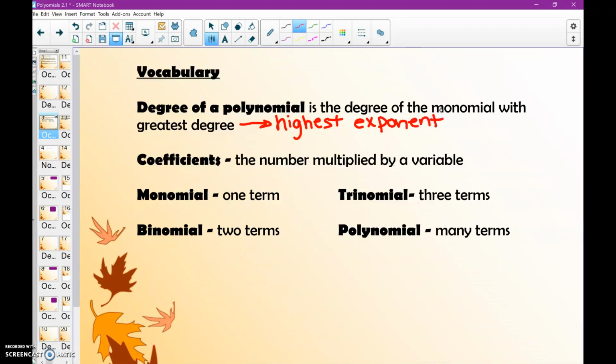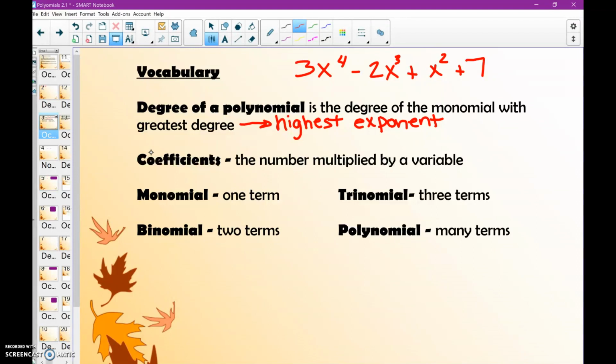For example, if I have 3x to the fourth minus 2x to the third plus x squared plus 7, the highest exponent in the whole problem is 4. So this would be a fourth degree polynomial. That's what that degree means.